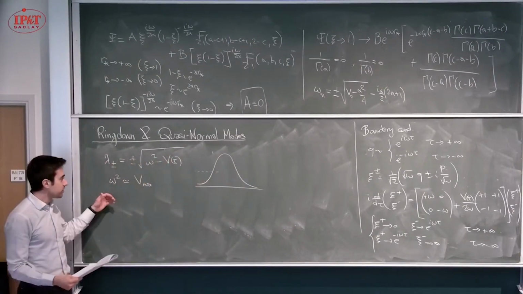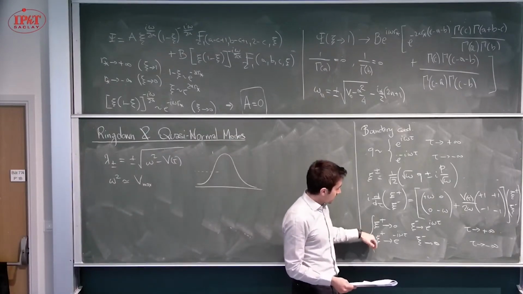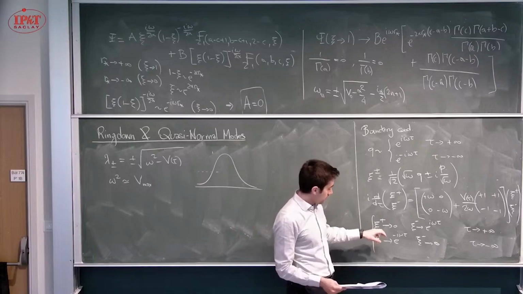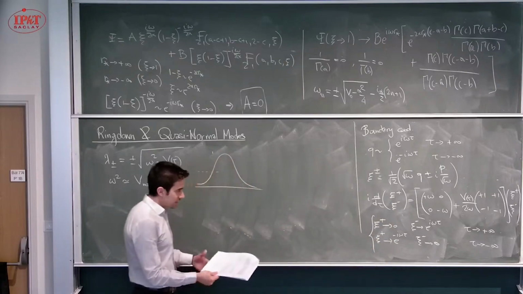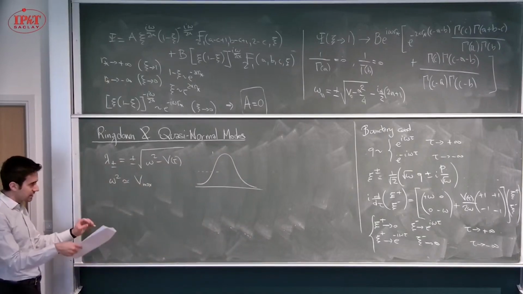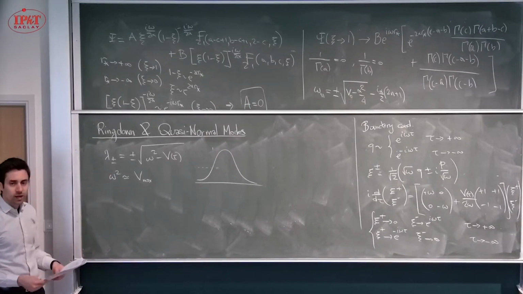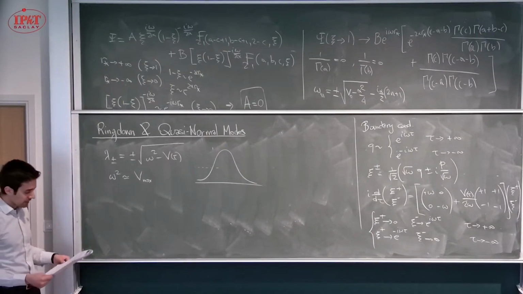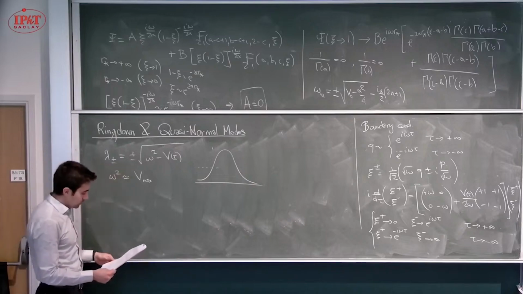In order to have a single level crossing, such that we have a transition from a positive eigenvalue to a negative eigenvalue, under the assumption that the potential is smooth enough and the process adiabatic in this language of time evolution, this is the condition that you need to require. Which means that the frequency touches the maximum of the potential.